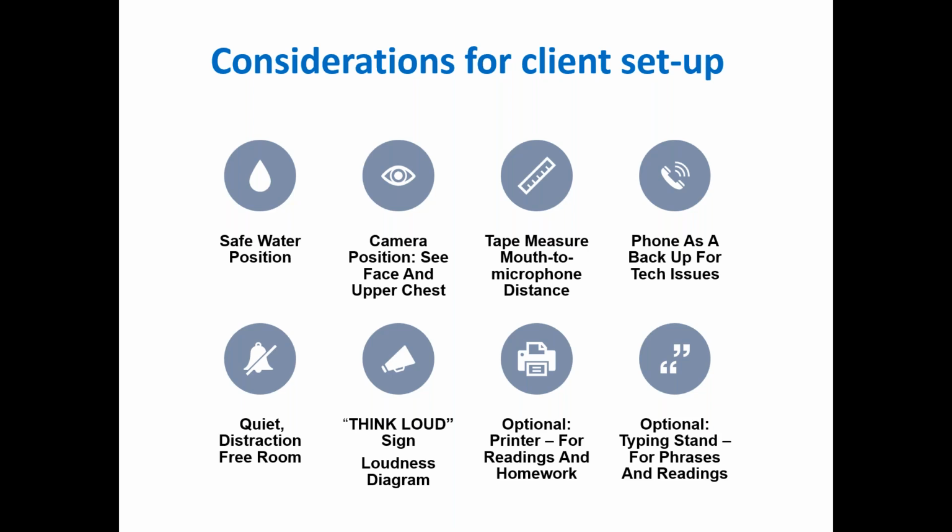A quiet, distraction-free room, of course, is best. Also have those external cues, such as a think loud sign or the loudness diagram, that you either mail ahead of time or email ahead, and the patient prints out. So it may be optional that your patient has a printer for those materials or for reading and homework materials.